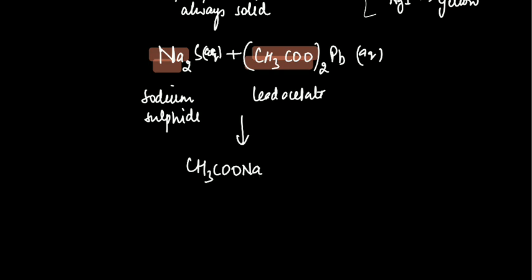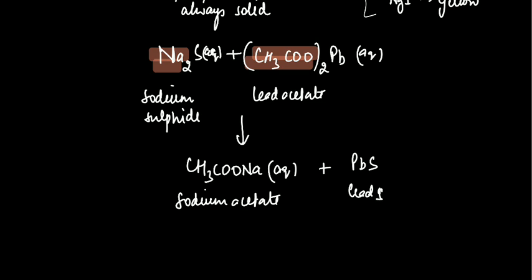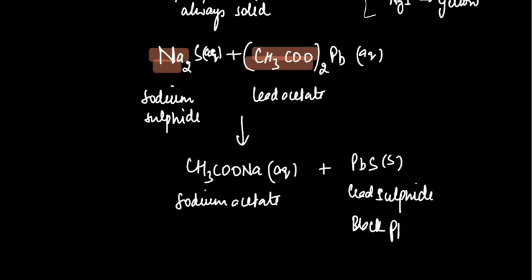So we have sodium acetate, which is very much soluble in water, and then we have lead sulfide, PbS. Lead sulfide is again solid, and this is a black precipitate that we need to remember. Most of the sulfides are black, not always, but most of them, yes.